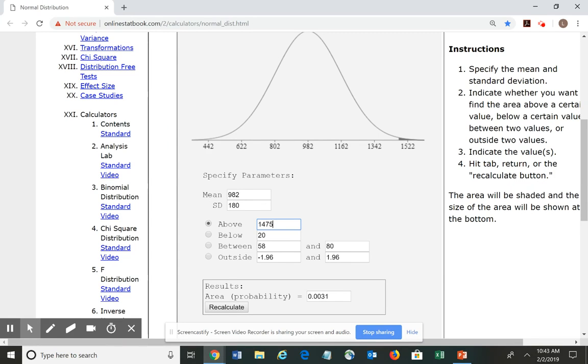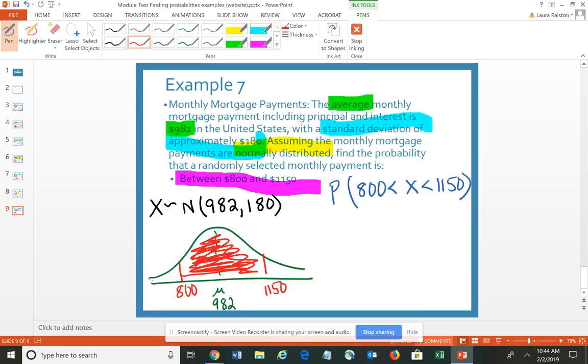Now I'm ready to enter it into the website. Mean is 982. Standard deviation is 180. We're doing between, and we're using a value of 800 and 1150 as stated in the problem. Again, notice the visual at the top looks very similar to what I drew. We get 0.6687.